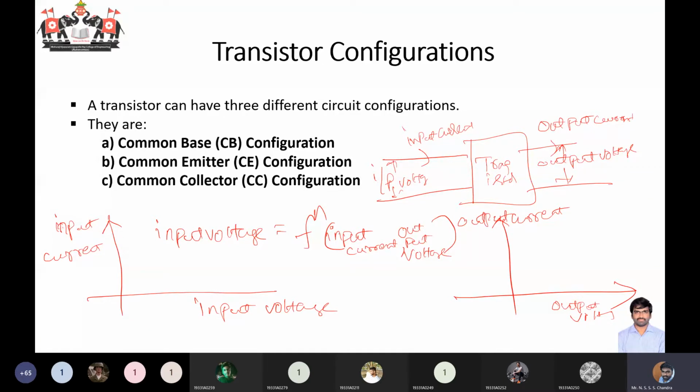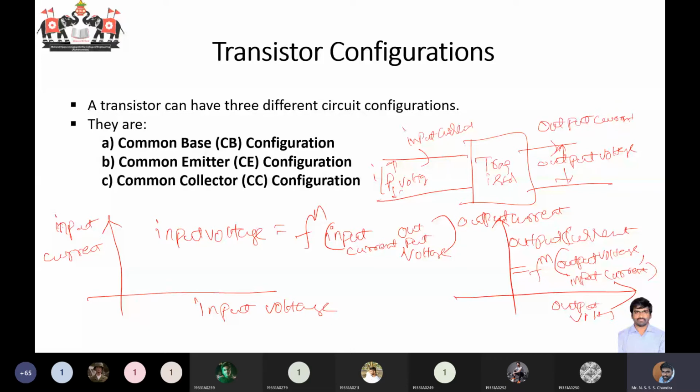Here your output current will depend upon, so I'll write it as a function of, your output voltage and also the input current.